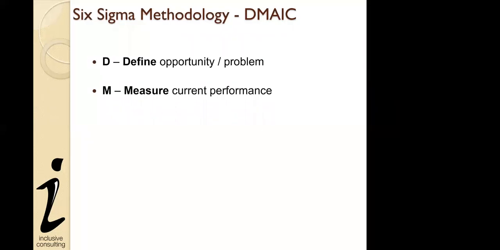Similarly, if one of your defined opportunities is customer feedback or customer experience, you need to make sure what the customer experience currently is, what the customer is feeling right now, and where their issues are. A lot of times, if you don't do this step, you end up defining and improving the process only from your point of view and not from the point of view of the customer.